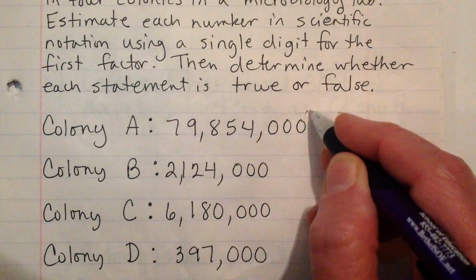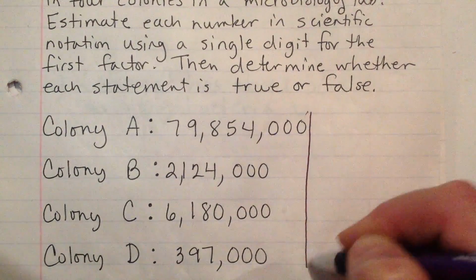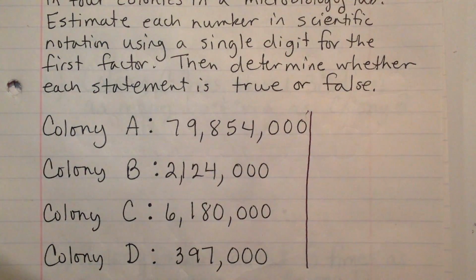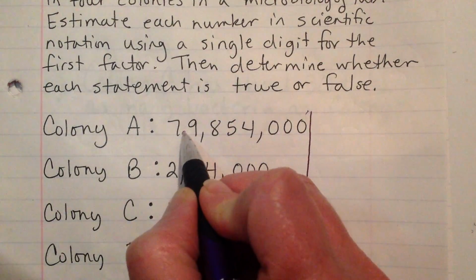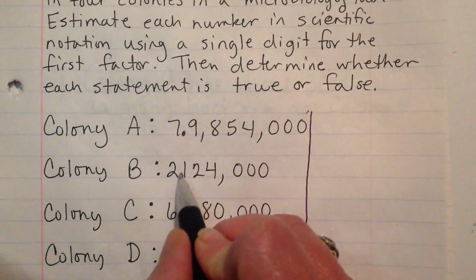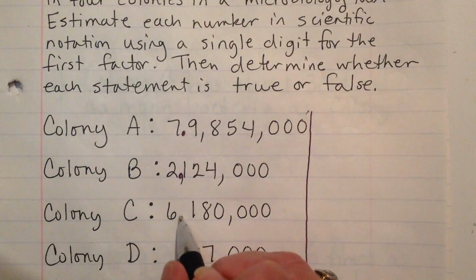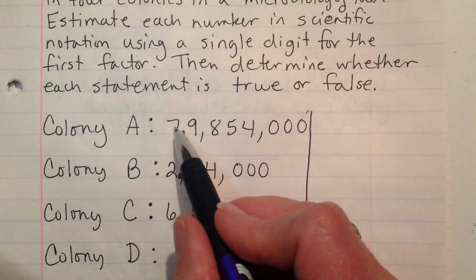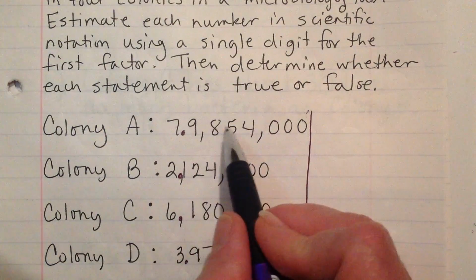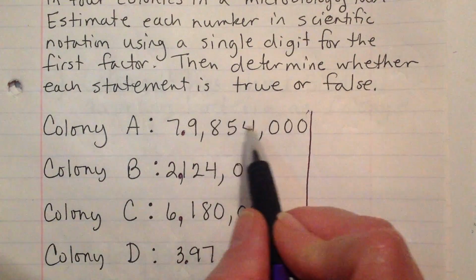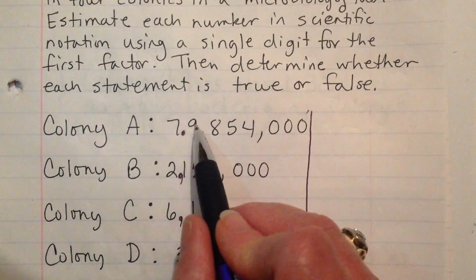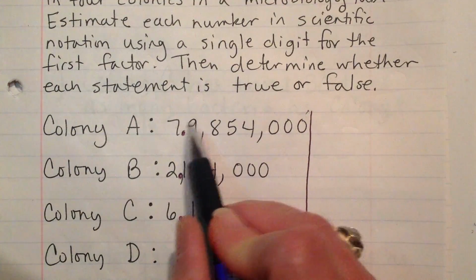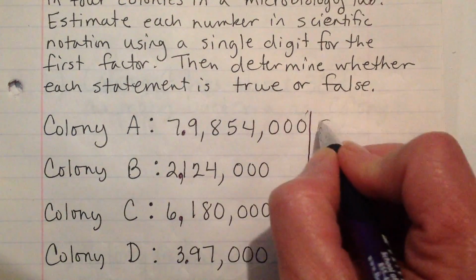So what I want us to do is estimate to scientific notation. So we're going to have our decimal behind the first non-zero digit for each of these. Think about it that way. So if I have 7.9, if it's 5 or greater, we're going to round this 7 up to an 8.